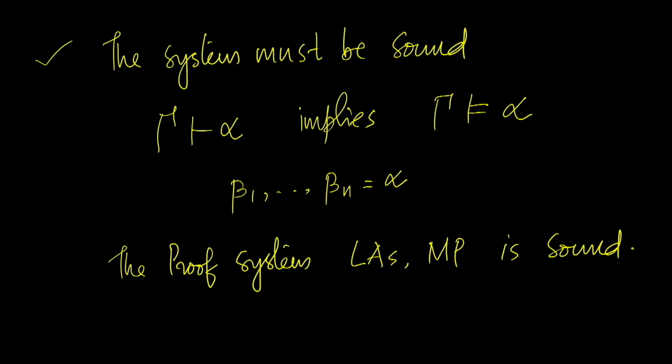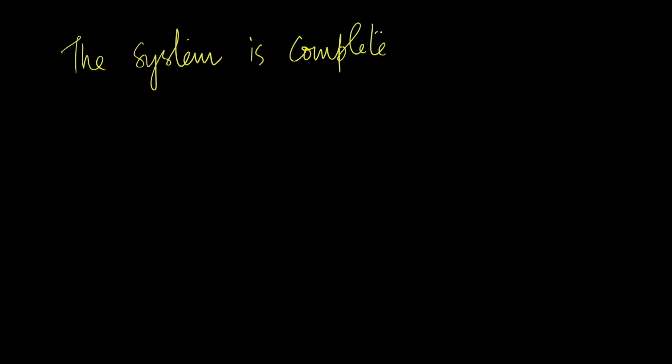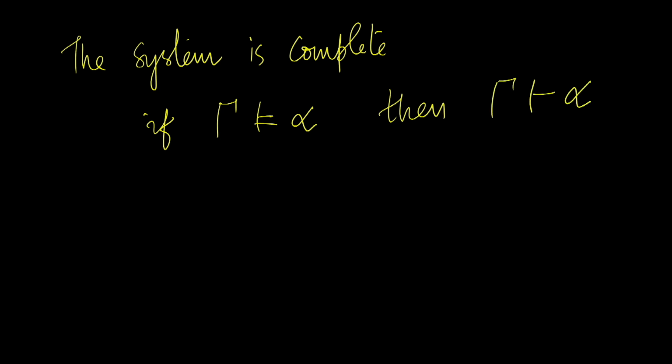So the system that we have been discussing is sound. The other question is completeness. We would like to know that the system is complete. In other words, we would like to know that if alpha is a logical consequence of gamma, then alpha is provable.